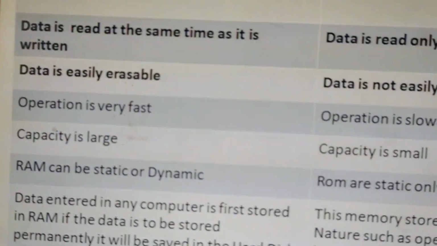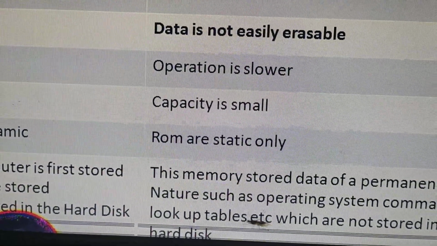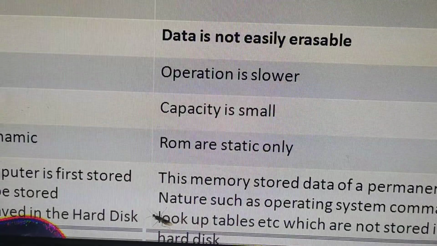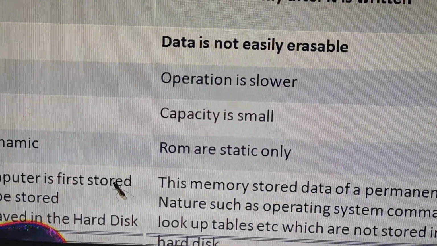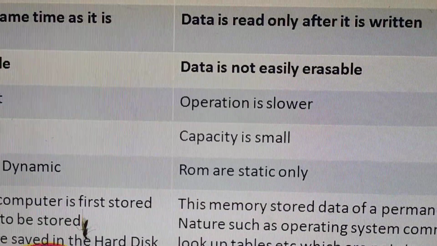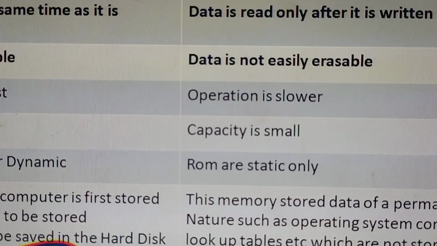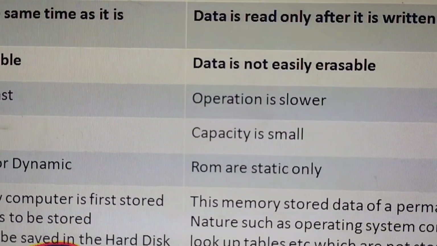The capacity of ROM is very small since it requires very little data to be stored. The capacity is within 1 MB itself. ROM memories are very small, but that is more than sufficient for the type of job ROM is used for.